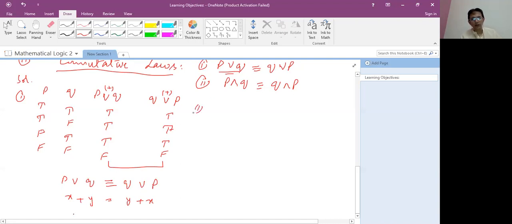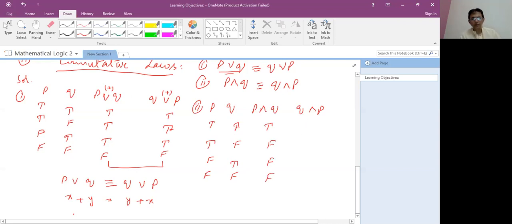Now the second part: P, Q, P and Q, Q and P. True, true, false, false; true, false, true, false. P and Q, when we apply the multiplication operation, 1 dot 1 is 1, 1 dot 0 is 0, it means false, and the rest are false.